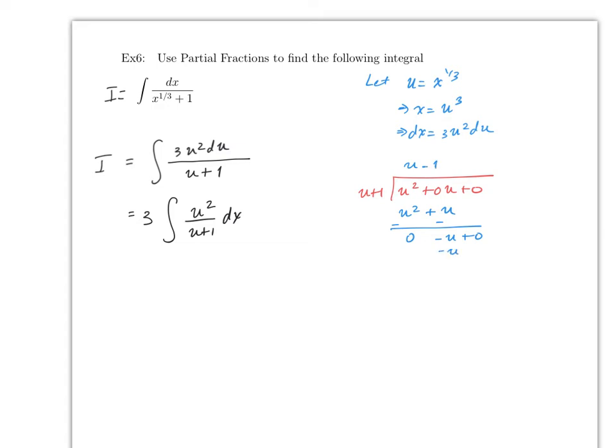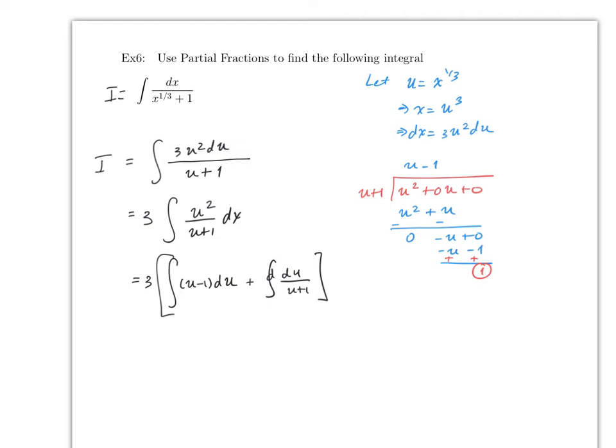So this will give you minus u minus 1. Again, change the sign, and this will give you 1. So therefore, you can rewrite this as 3 times the integral of u minus 1 du, which is this part, and then finally the remainder, which is the integral of du over u plus 1.